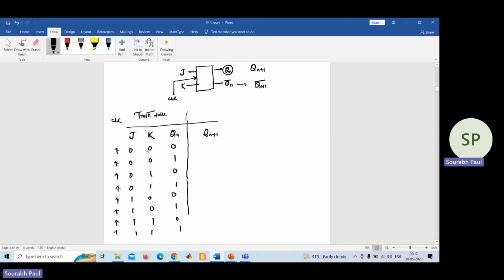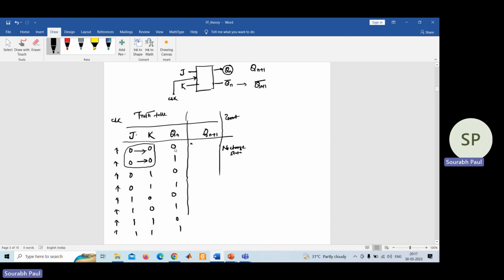Now try to find out what my Qn plus 1 value will be when J equals 0 and K equals 0. In these two cases, where J is 0 and K is also 0, you can write some comment also. This particular combination is known as no change state.